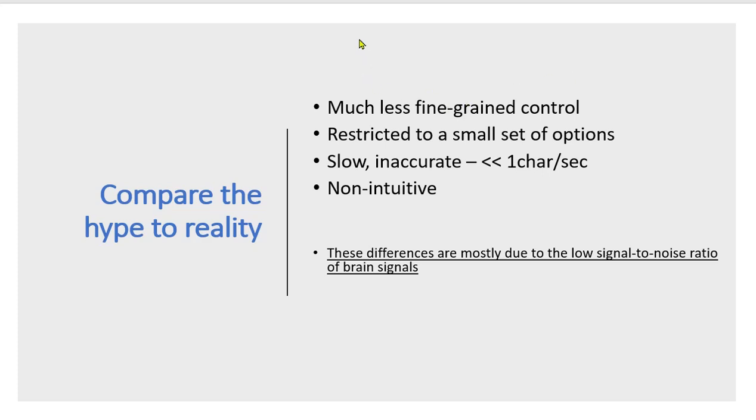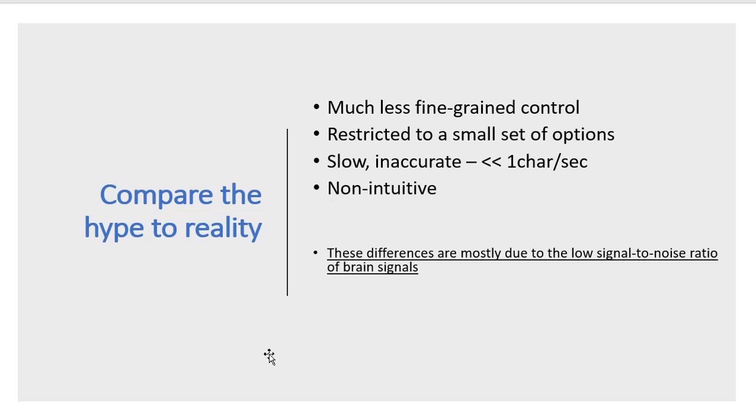And also we need to emphasize that in reality, BCIs are restricted to only a small set of options, just a few commands, right? And also they're very slow and inaccurate. One character, okay, much less. And also non-intuitive.